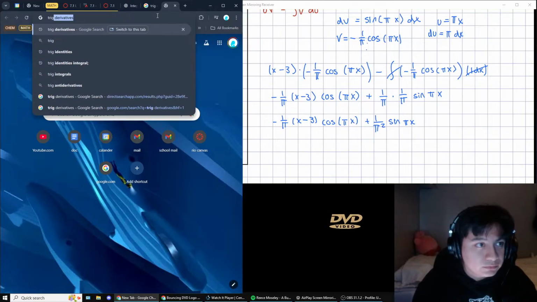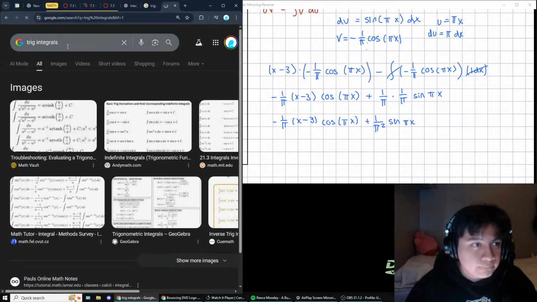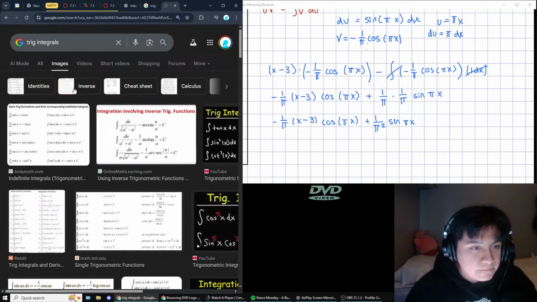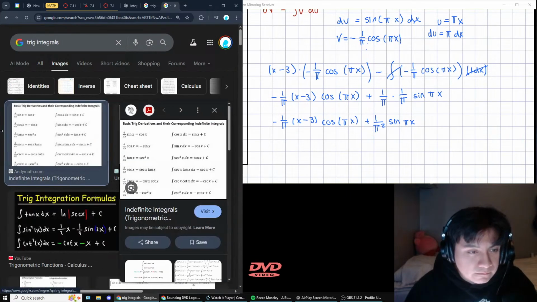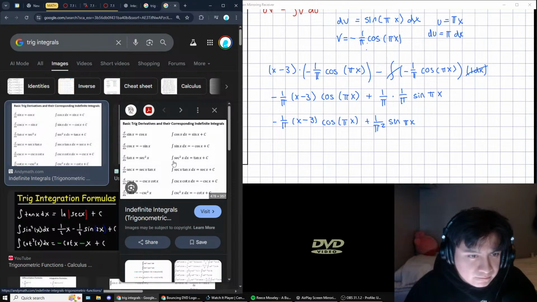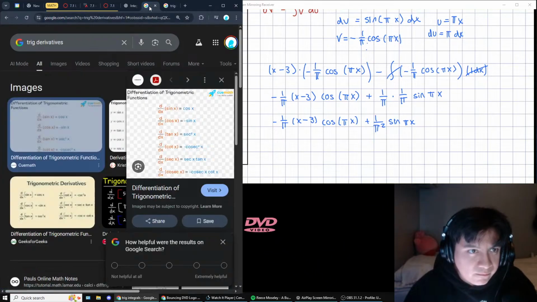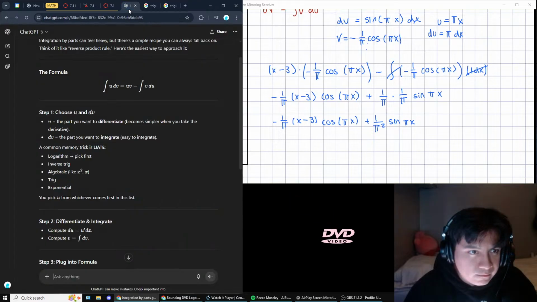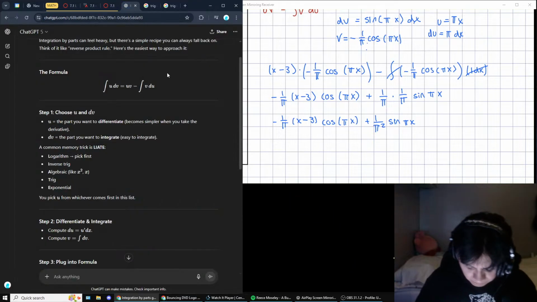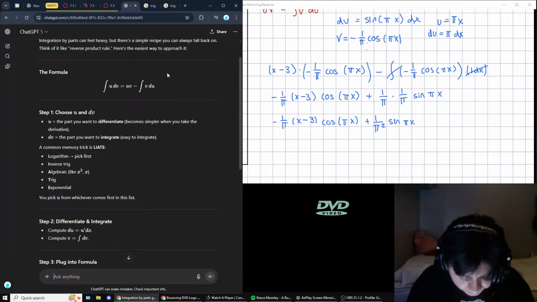Trig integral. Wait, I scanned something a while ago.